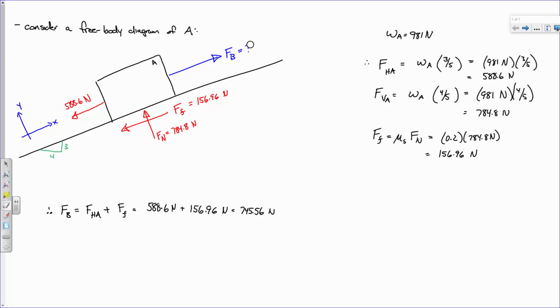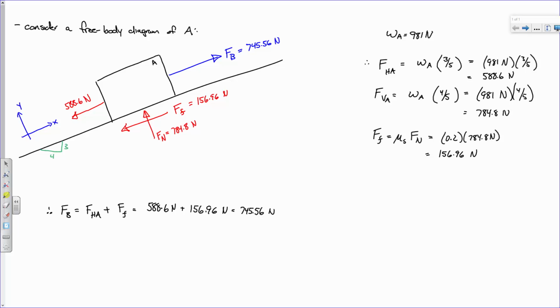So this is that. Is that a fair statement? So what if that force was any bigger than that? Like, what if instead of 735.56, it was 735.57? What would happen? The block would start moving up the hill. What the problem asked, it said, what is the weight required? Like, once you get it so that it starts moving up the hill. So, is that the answer?